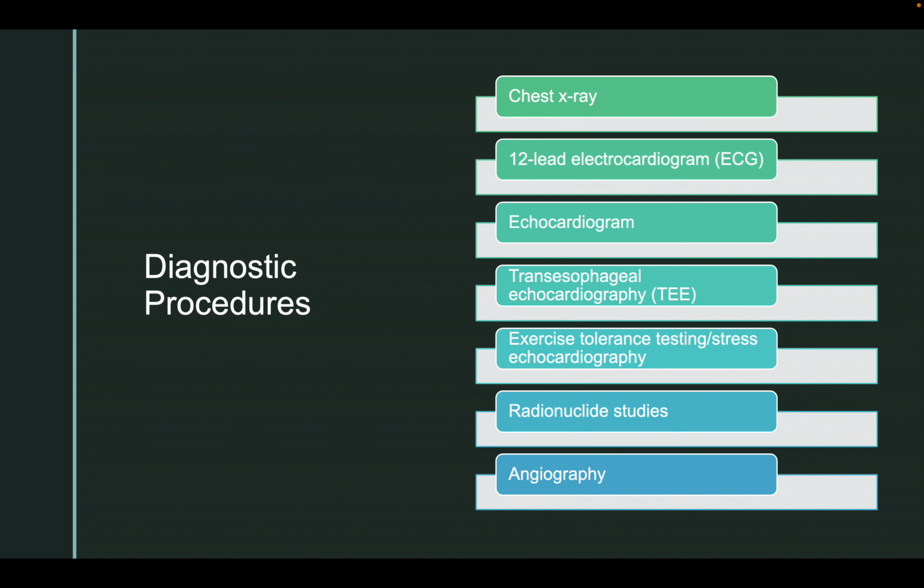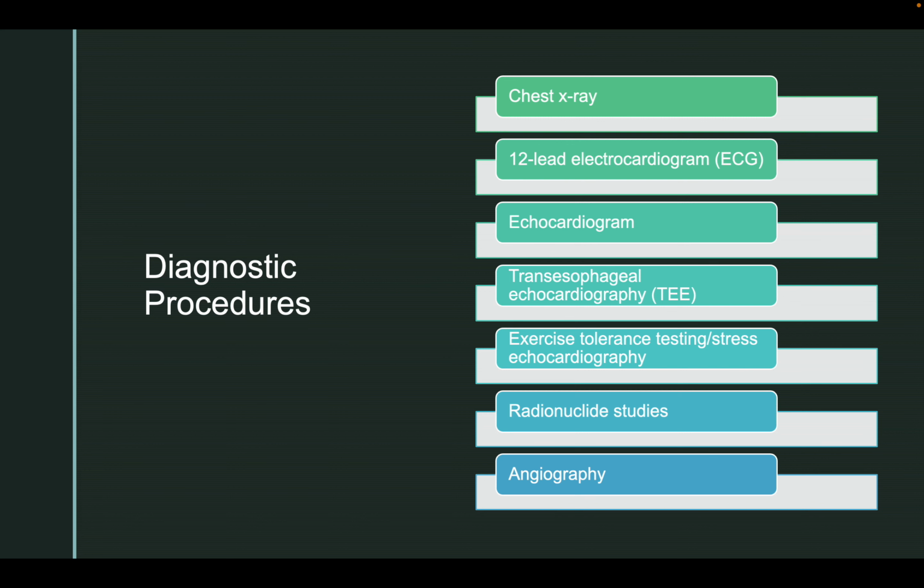They talk about the esophageal echocardiograph, that TEE. Remember how that actually can show behind the heart, to look at more of those stenoses and things like that. Exercise tolerance testing, stress echocardiograph, is used to assess the impact of the valve problem on cardiac functioning, especially during stress.